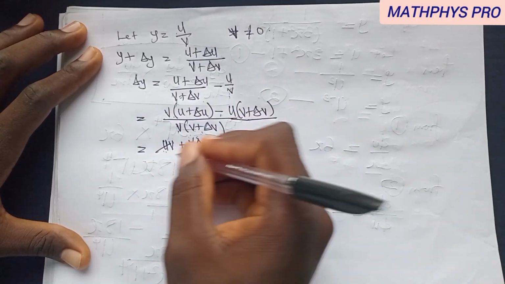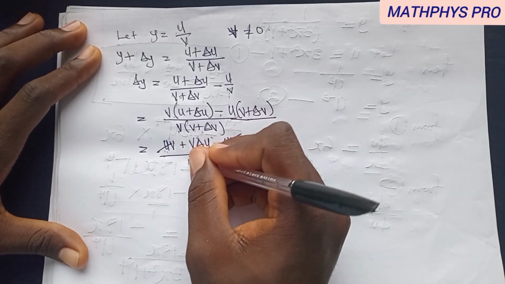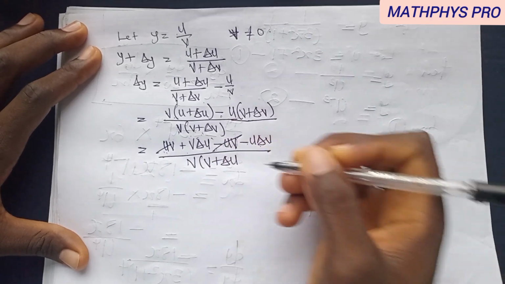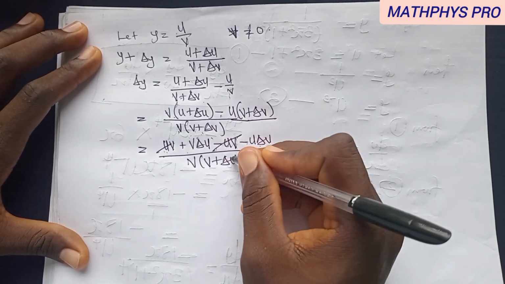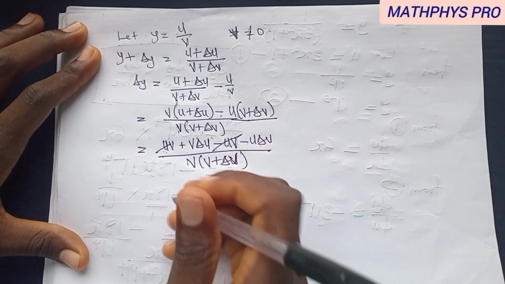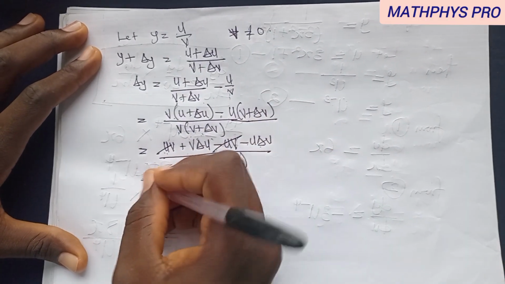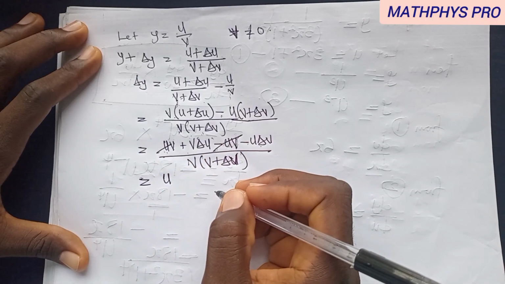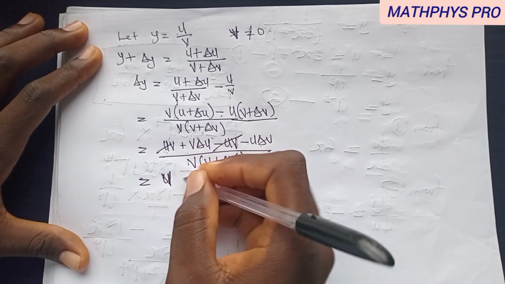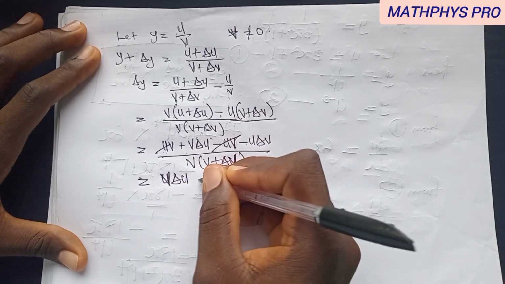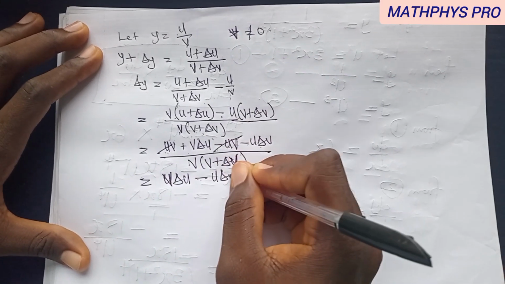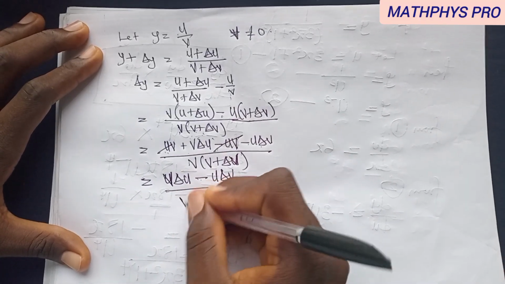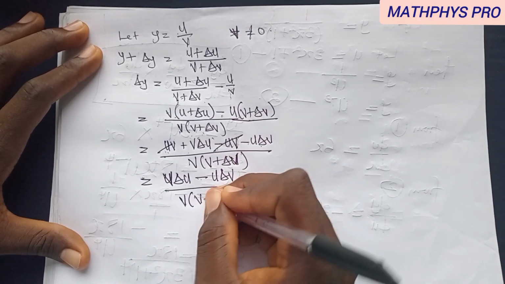Over v times v plus change in v. So we are left with v change in u minus u change in v over v bracket v plus change in v.